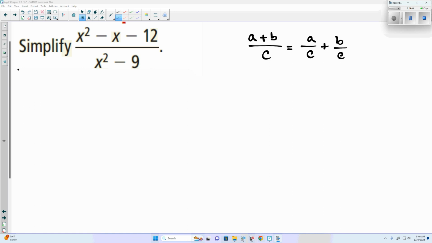If we split it apart, kind of like what we did with multiplication, it would split apart into x squared over x squared minus 9 minus x over x squared minus 9 minus 12 over x squared minus 9. I wouldn't write this out because I want you to kind of see this here. But in none of the three cases did we have x squared over x squared, or x over that, or 12 over 9. We have 12 over our x squared minus 9, that whole expression.